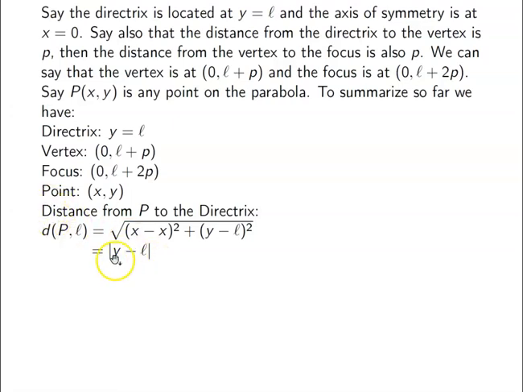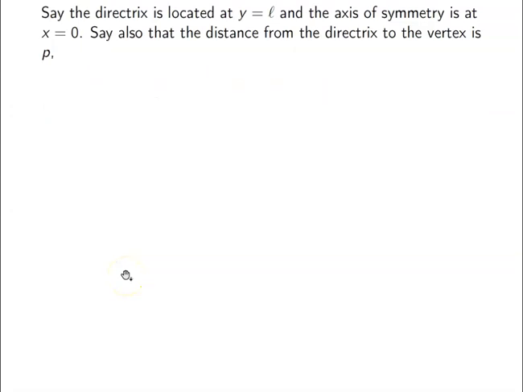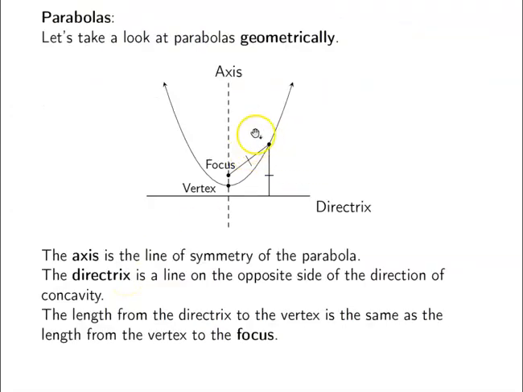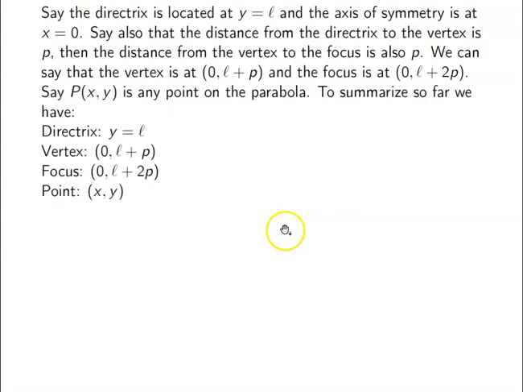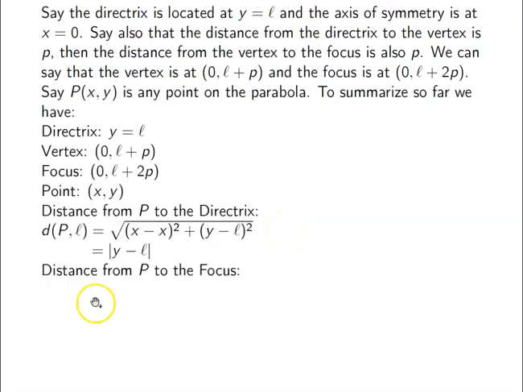So distance does not have a direction, so make sure you're keeping this inside of the absolute value sign. So my distance from my point to L is really just that distance in y, the difference between the y value here and the y value for L. So this y minus this y is that distance. So that's basically what we wrote here.